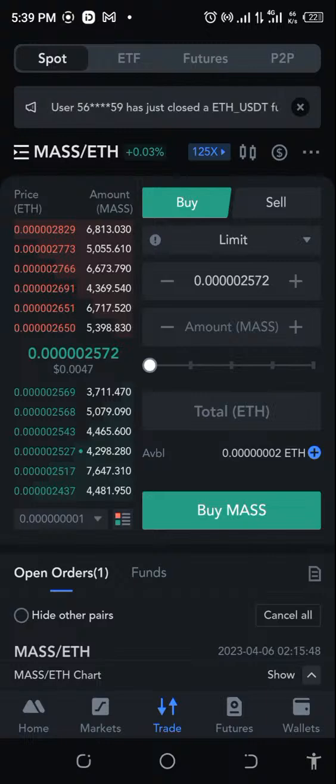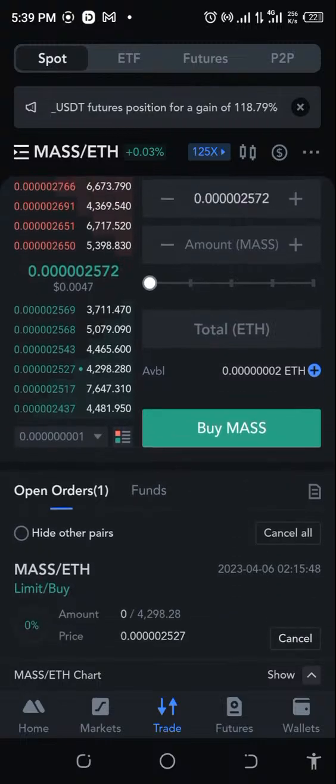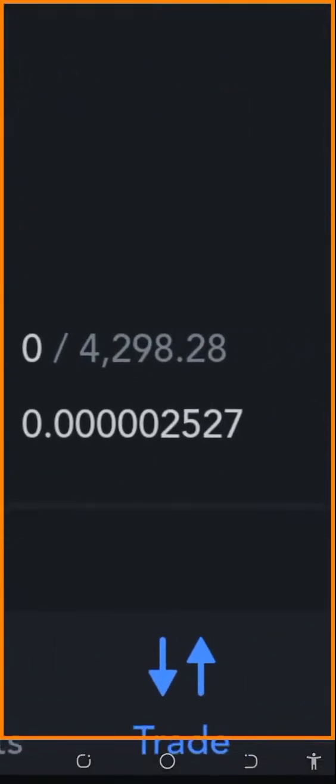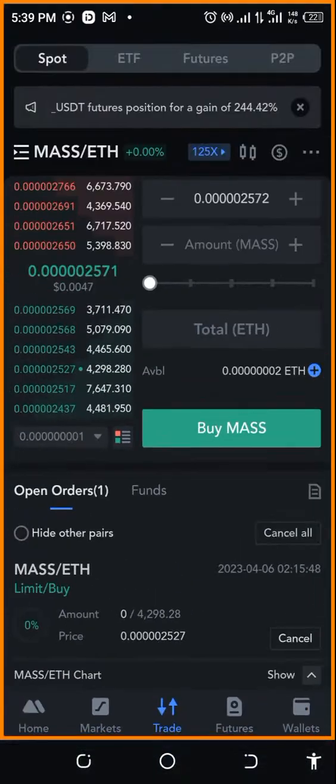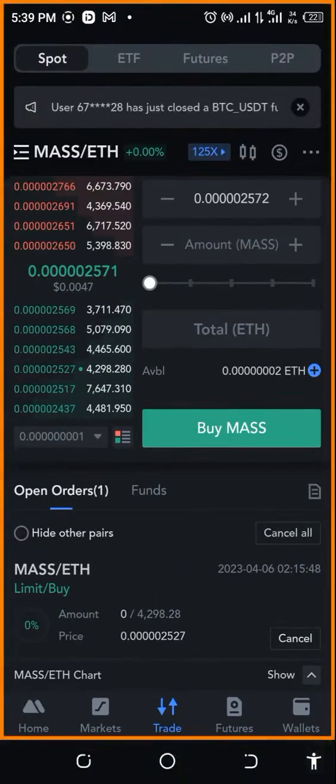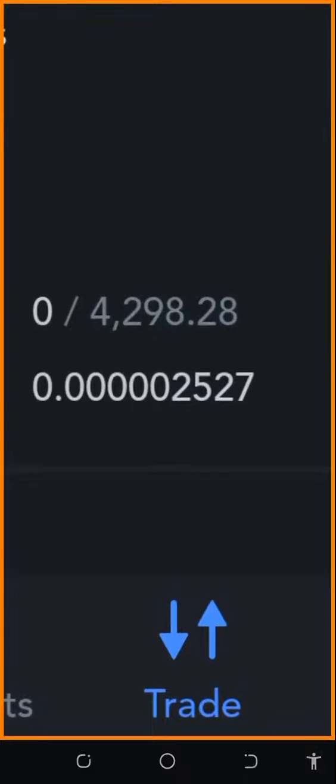That's just it. So I'm going to have to sell back this ETH to USDT. That's what I'm going to do. So I'm going to have to cancel this, because if I go ahead and try to sell it, look at the time, look at the price right now. This was the price where we fixed it to buy our MASS. As you can see, we fixed the price for us to buy it at 0.00002527.